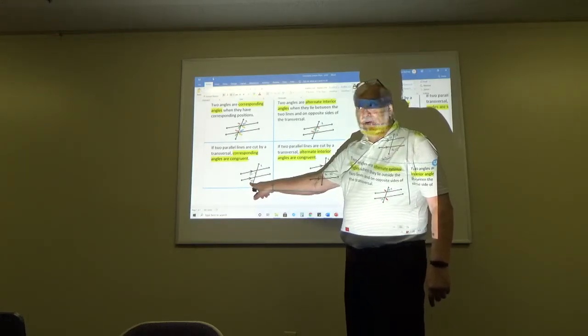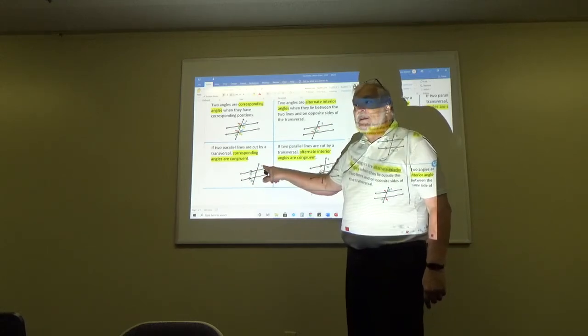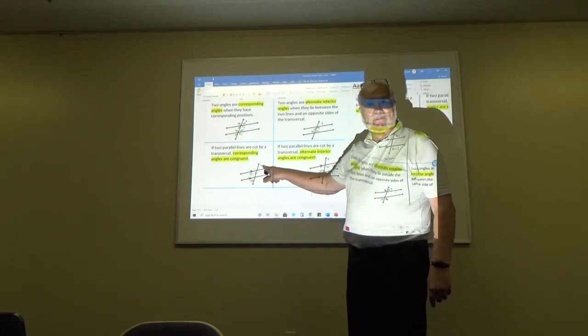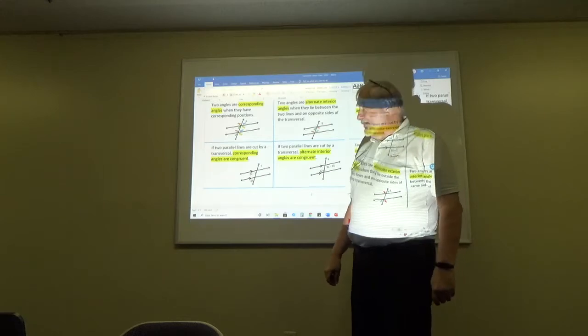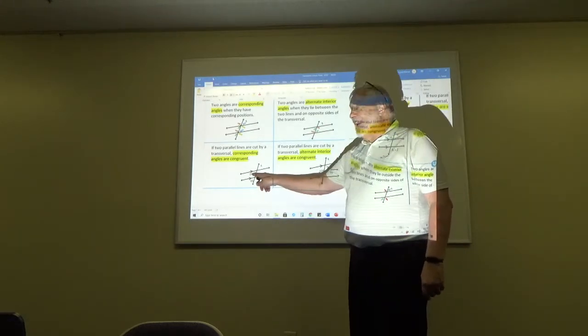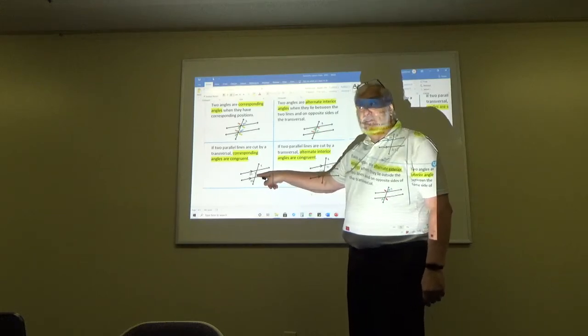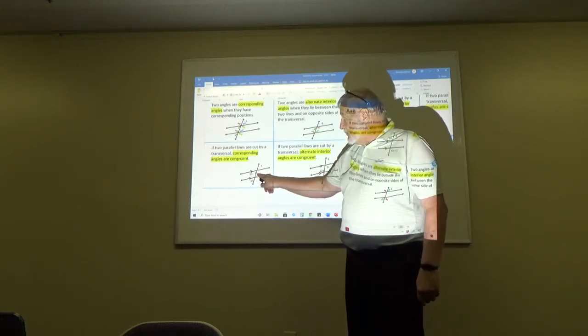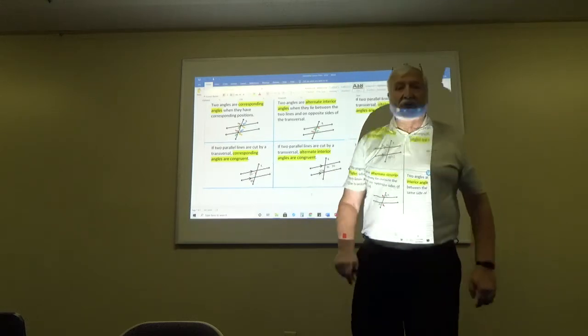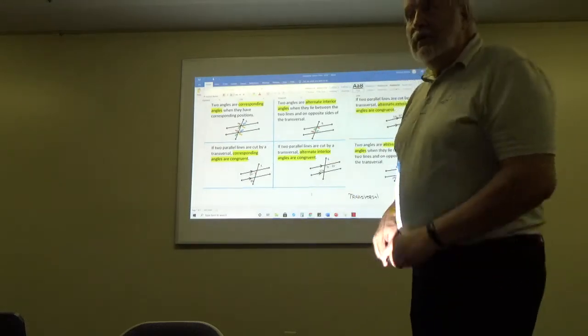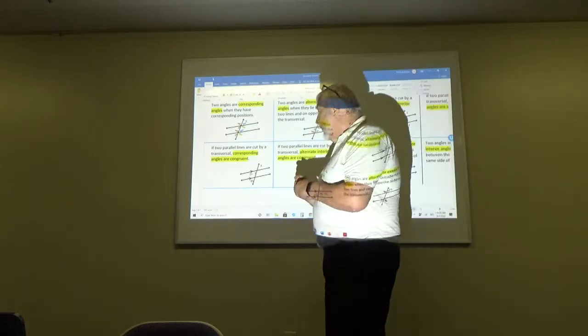Alternating exterior will be up here. It's also 65. So, alternating interior with this 2x one is right here, where my finger is. And so, these two are vertical angles, and so I have 1, 2, 3, 4 angles, all the same value. That's 65, okay? What's left?